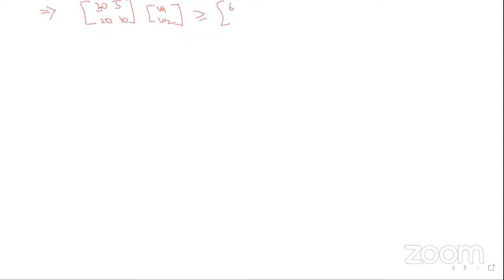These are the coefficients of the objective function. That implies 30W1 plus 5W2 is greater than or equal to 6. Next one, 20W1 plus 10W2 is greater than or equal to 8. Here W1 and W2 are the dual variables, which are greater than or equal to 0.